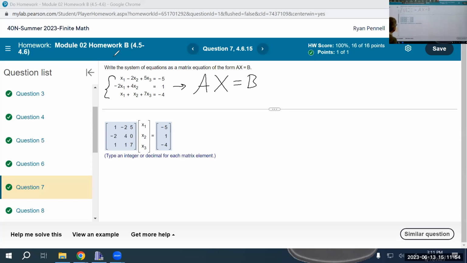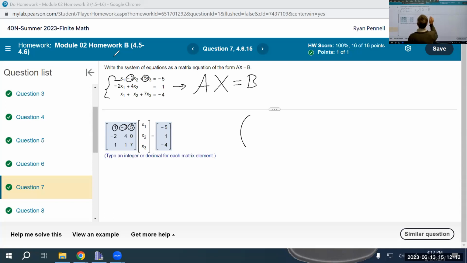Okay, well, it's just as easy as looking at the coefficients. Like, look, that's just the number 1, so that's the number 1. -2, -2, 5, 5. Okay, so I claim that's the same.